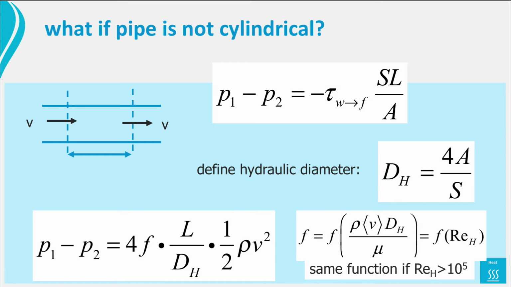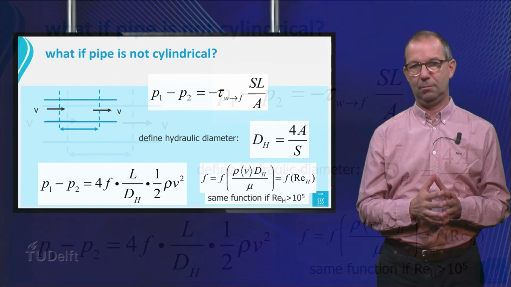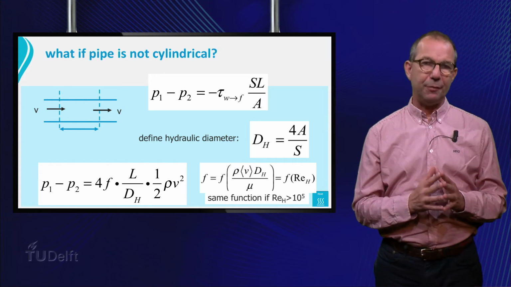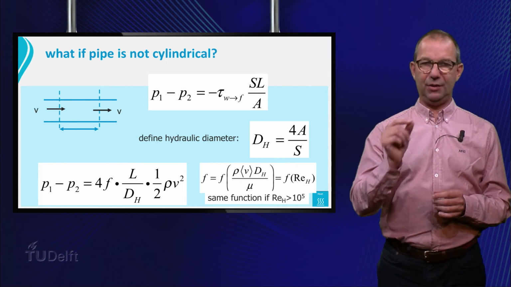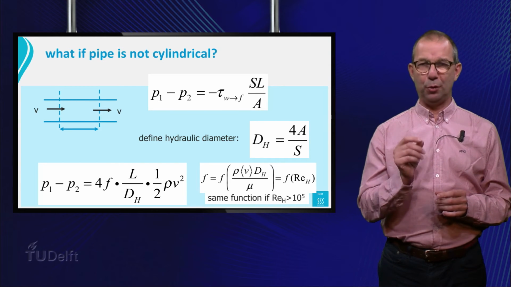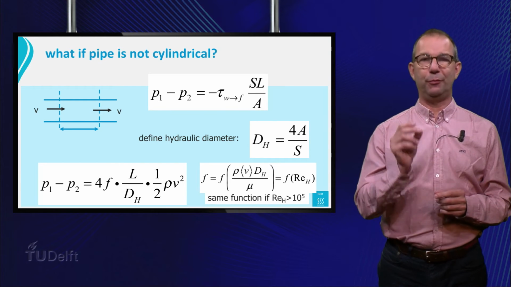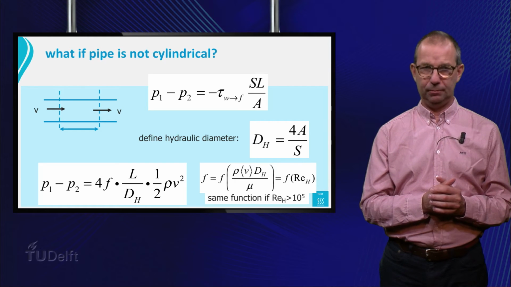With this hydraulic diameter we also redefine the Reynolds number as rho V times the hydraulic diameter over the viscosity. Experiments have shown that if the Reynolds number is higher than 10 to the 5th, the F curve is the same for many different shapes of pipe.